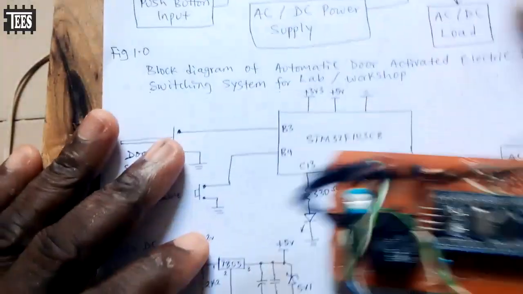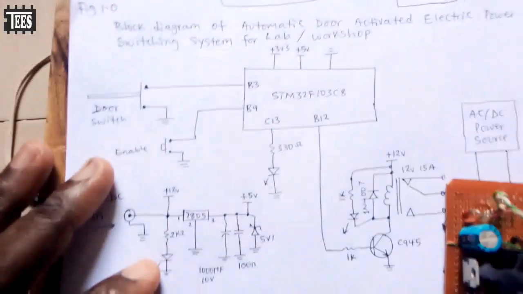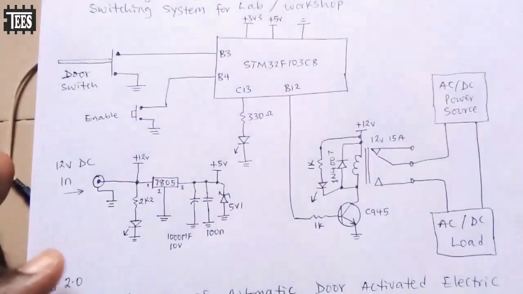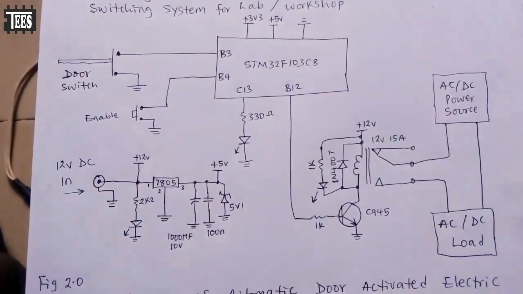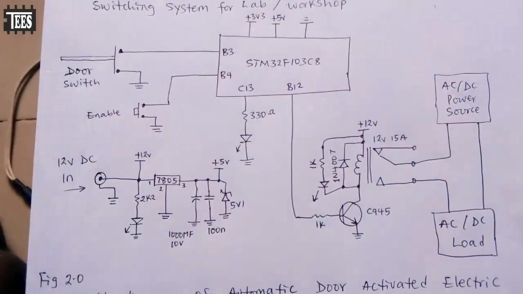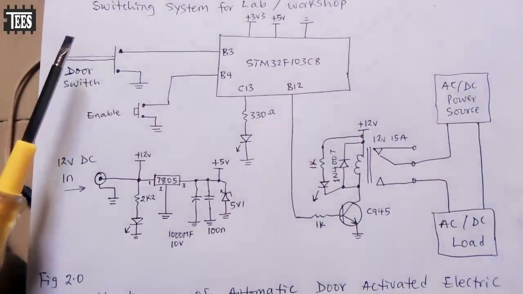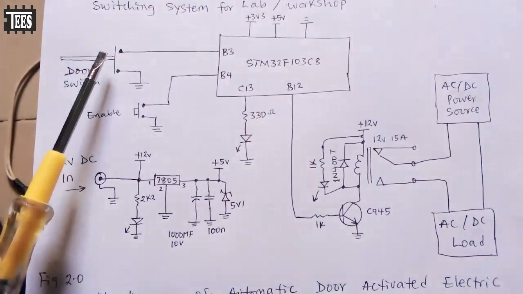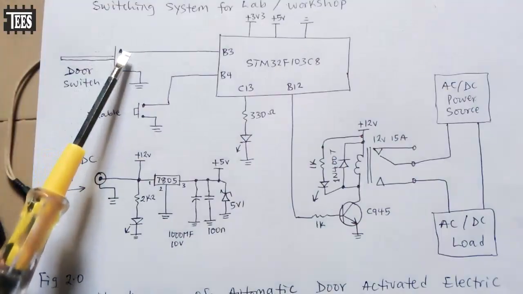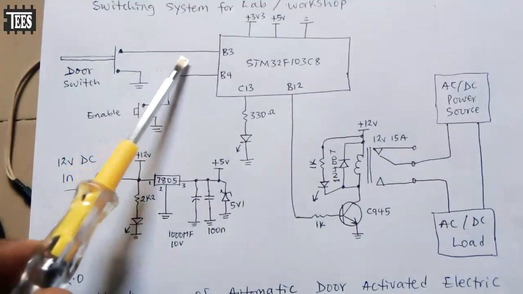So let's take a look at the circuit diagram. So this is the circuit diagram. Now here we have the door switch. When you close the door, it is going to press this push button, and you're going to receive logic 0 on this pin.